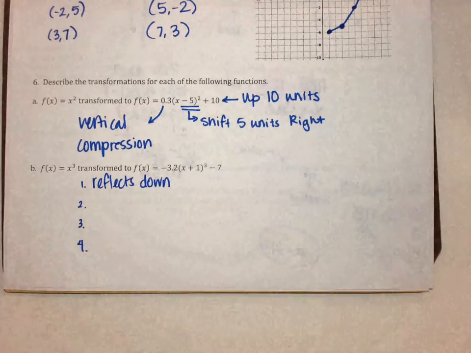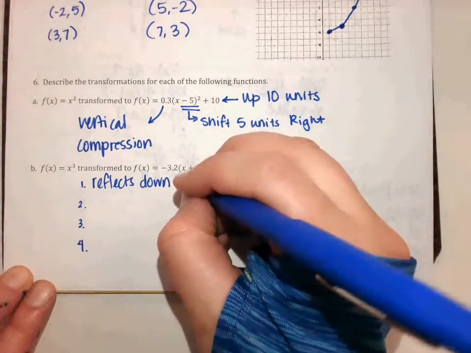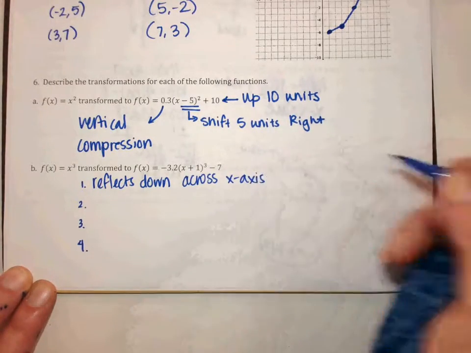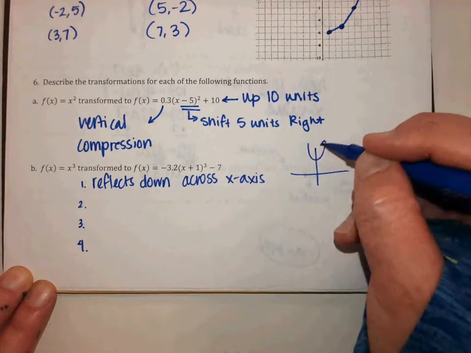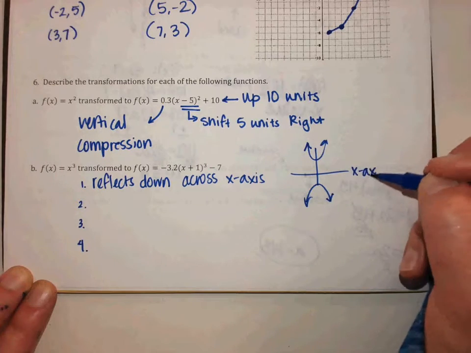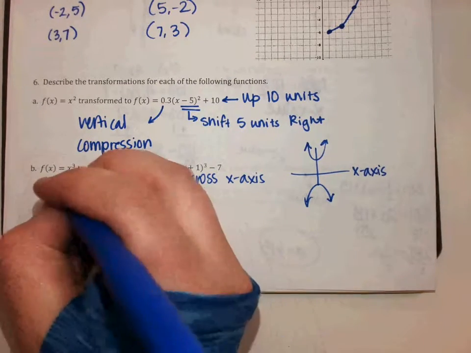Now, the way that it's worded on your CBA says it's reflected across an axis. If I want to reflect down, what axis am I reflecting across? X or Y? X-axis. Okay, so think about it. If my graph was up here and I want to reflect it down, this would be the x-axis in the middle. Okay? Reflect down across the x-axis, that's because of the negative.